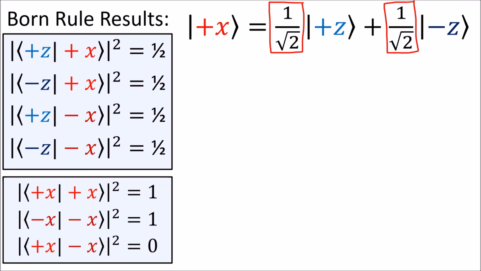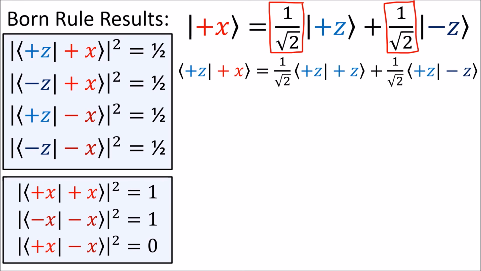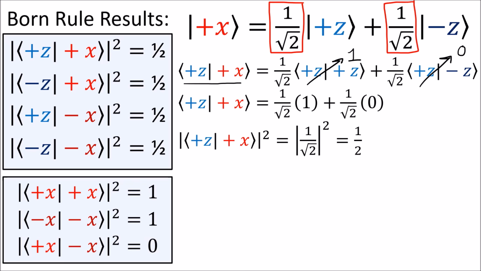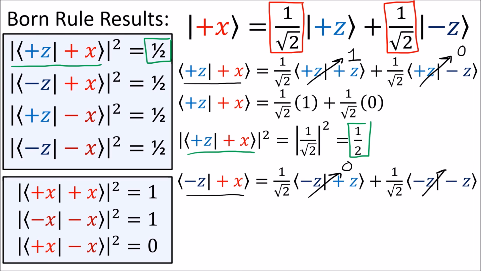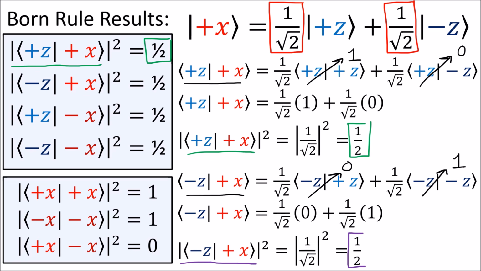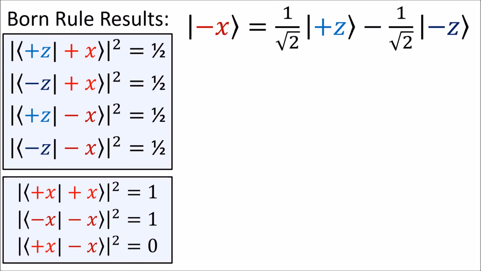You can check that applying a plus z Bra vector to a plus z Ket vector and then squaring the result gives us the expected probability of 1/2. The same goes for applying the negative z state to the plus x state. The minus x state uses the coefficients plus 1 over the square root of 2 and minus 1 over the square root of 2.